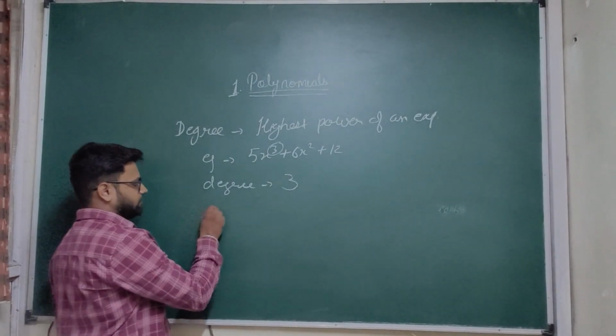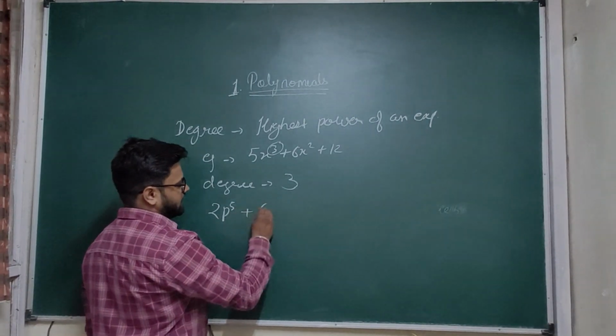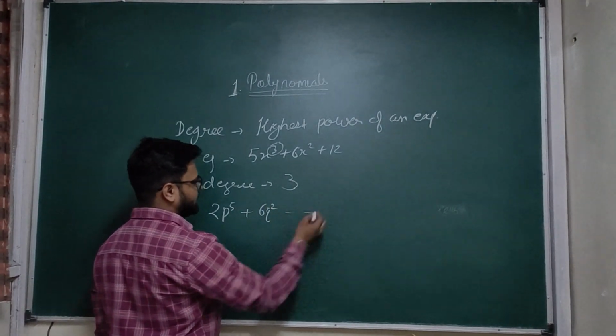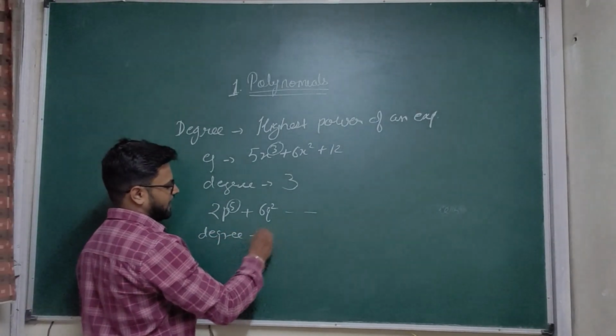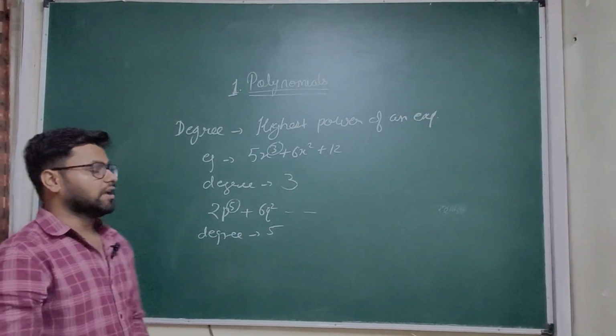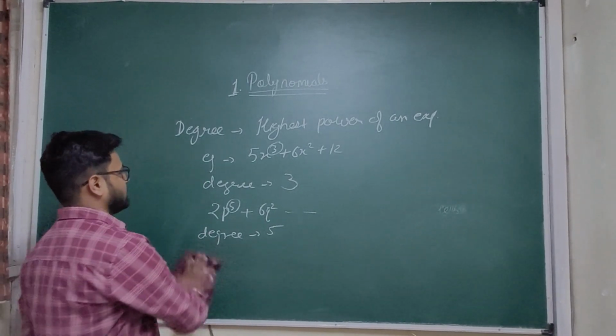If I write 2p^5 plus 6q square, etc., then here the degree will be 5. So the highest power of an expression is known as the degree of that equation or expression.